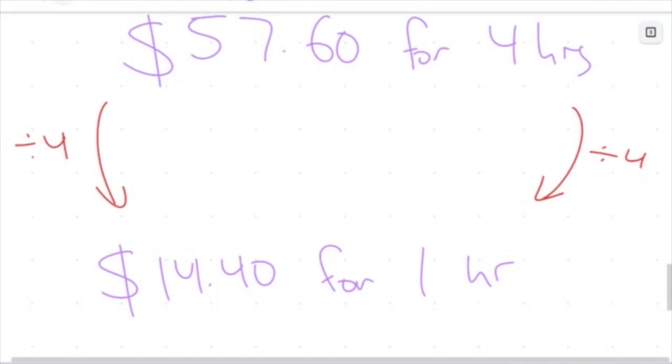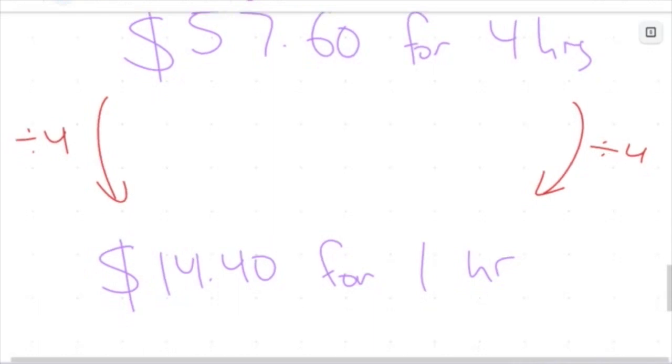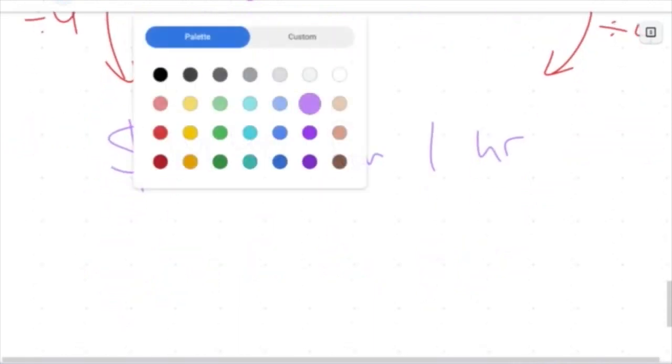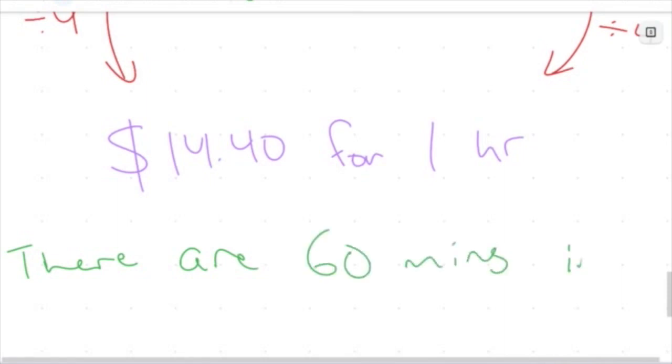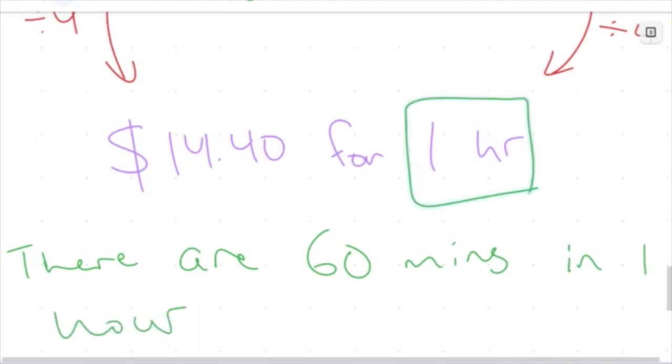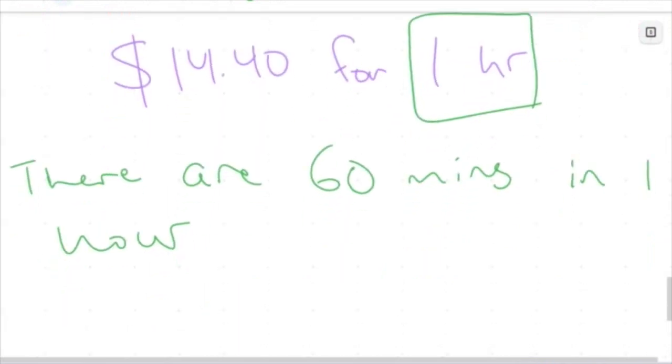Okay, but now I want to get from hours to minutes, and we know, from multiple videos we've done in the past, that there are 60 minutes in 1 hour. So this 1 hour, we can rewrite as 60 minutes.